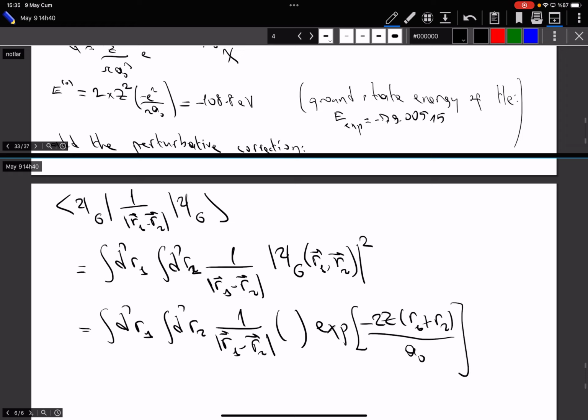This is not a trivial integral to evaluate in this form, because that 1 over the absolute value of R1 minus R2 has a complicated dependence on theta 1, theta 2, phi 1, and phi 2.